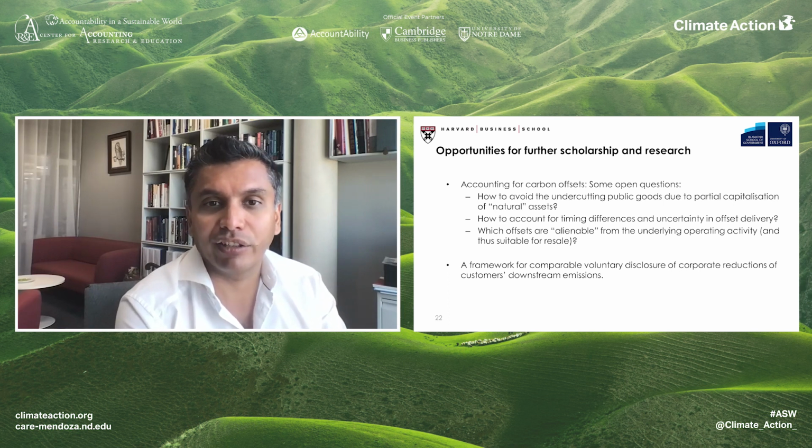That could be another area for research and also for companies that are really innovative in this space to engage with. And so it's an incredibly exciting time, I think, to be an accounting academic and look at this whole new sphere of work and unit of measurement in a problem of such societal importance.